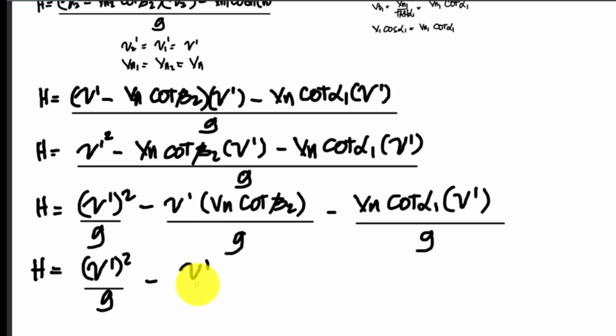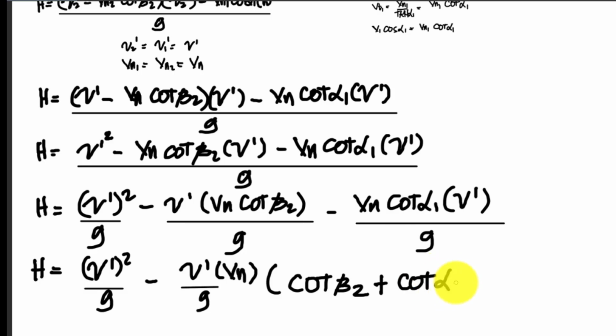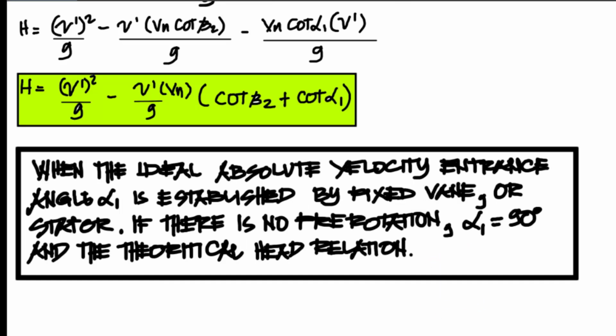So that will be velocity of the vane over the gravity, multiplied by the normal velocity and times the cotangent of beta 2 plus cotangent of alpha 1. Okay, so we have here the general equation. So that will be the head: velocity of the vane squared divided by the gravity, minus velocity of the vane times the normal velocity over the gravity, multiplied by the cotangent of beta and cotangent of alpha.